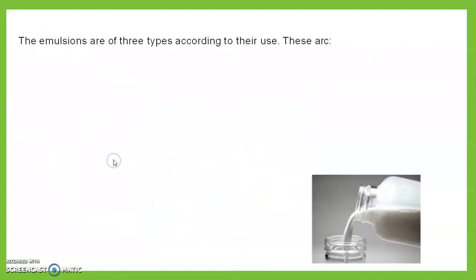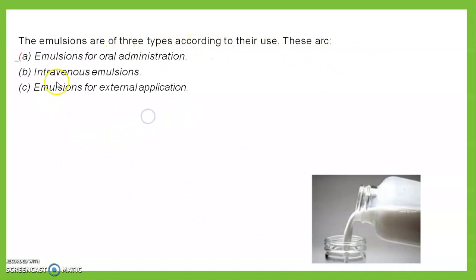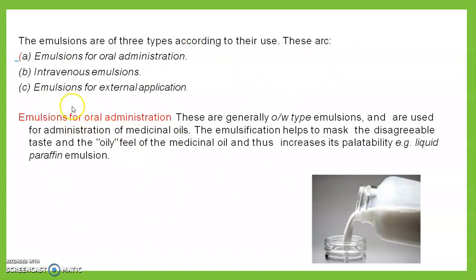Then we see the emulsions according to their use: emulsion for oral administration, emulsion for intravenous administration, and emulsion for external administration. Emulsions for oral administration are generally O/W types. Oil in water emulsions are used for the administration of medicinal oils.